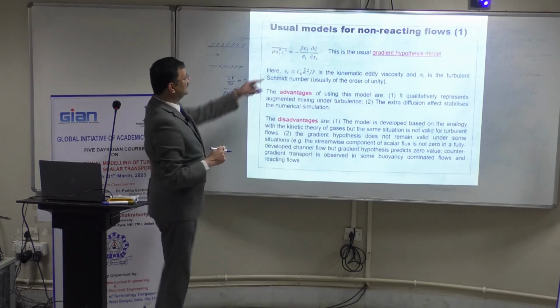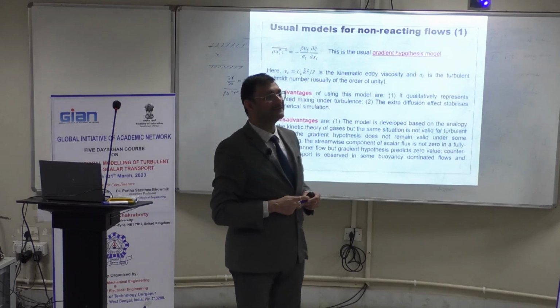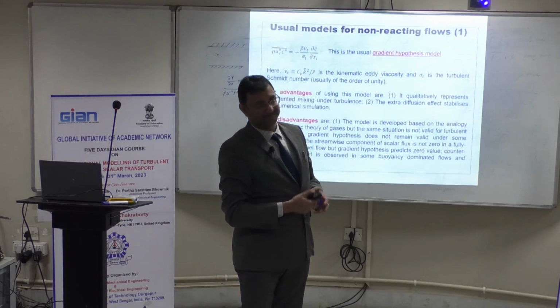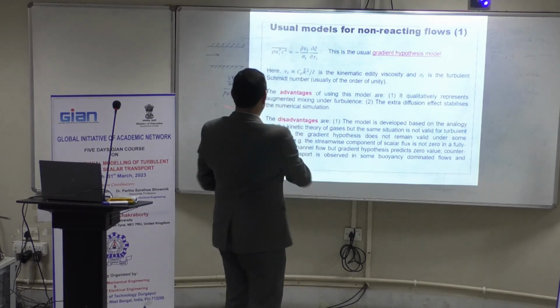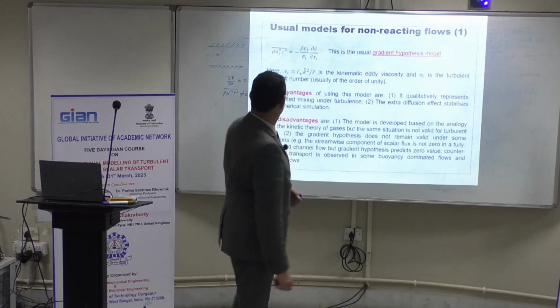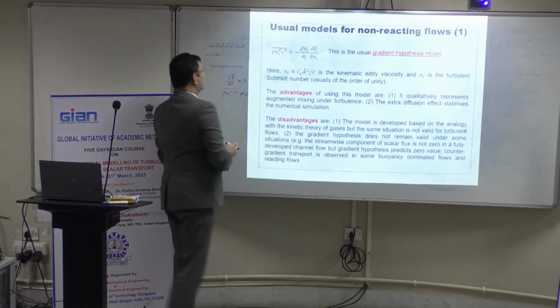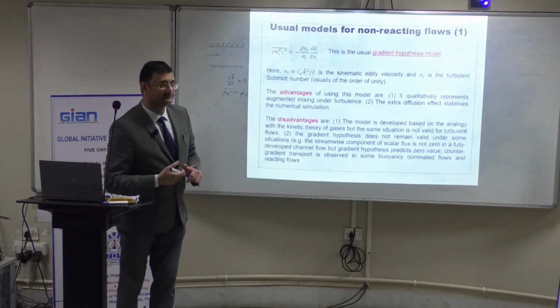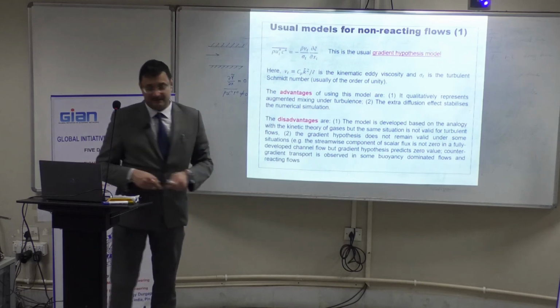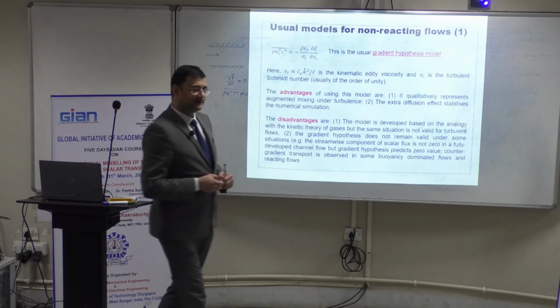So if you put it in this model, it's not going to give you the non-zero value of this one. Clear? Can anybody think of any reason why you still get away with it?